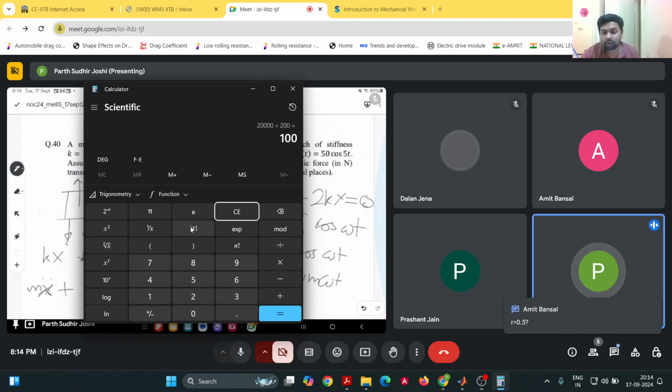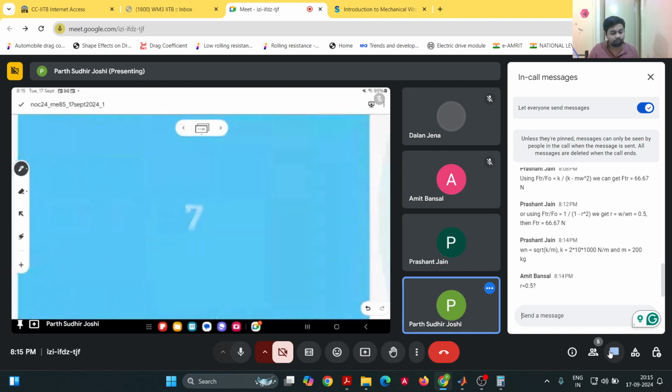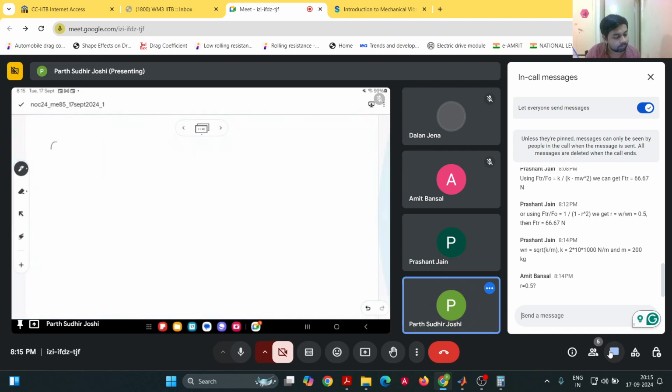So omega n will actually be 10 only, right? So omega by omega n will actually be 0.5 only. Yes, r is equal to 0.5 only, because omega n is actually root of 2k by m. So omega n is actually 10 and omega is 5. So r will be 0.5 only.